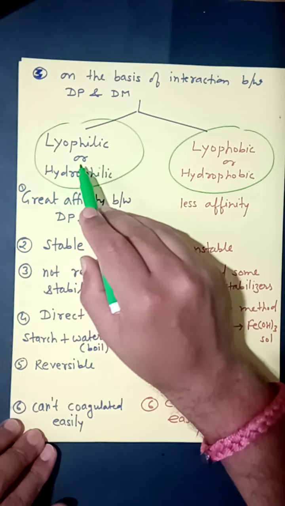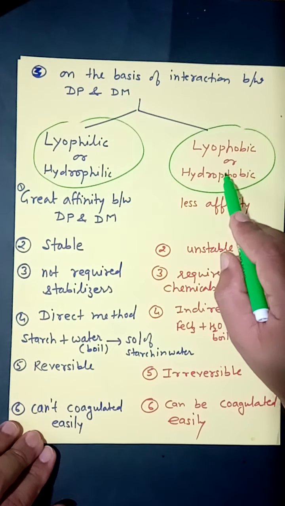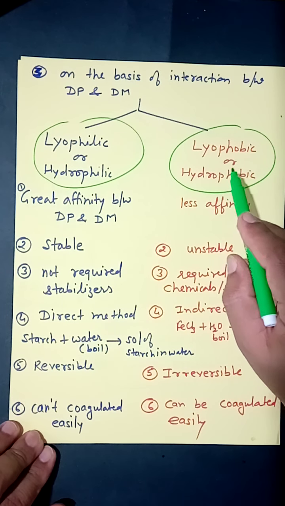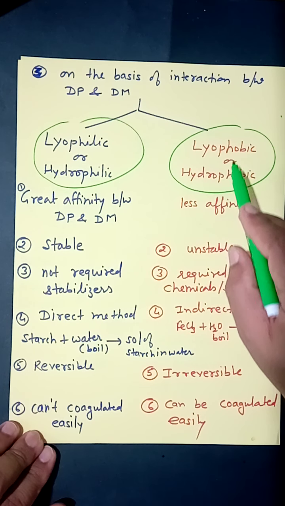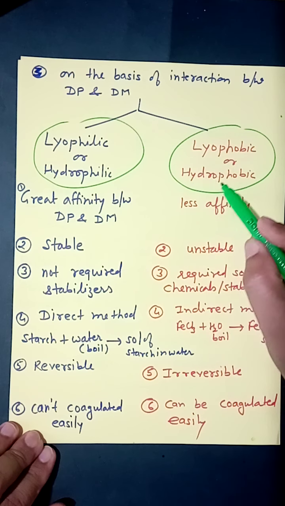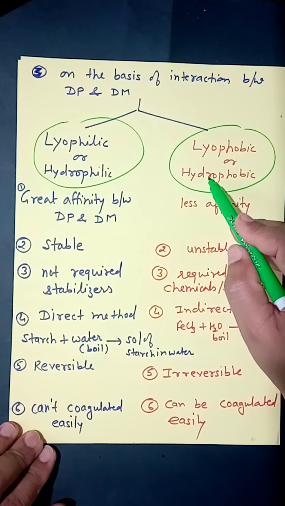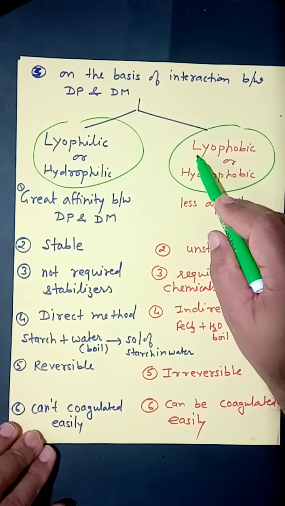So in lyophilic they have great affinity between disperse phase and dispersion medium. In lyophobic they do not have affinity, or they have less affinity between disperse phase and dispersion medium. If the dispersion medium is water, then we use the term hydro. Otherwise, if we have a dispersion medium other than water, then we use lyo.